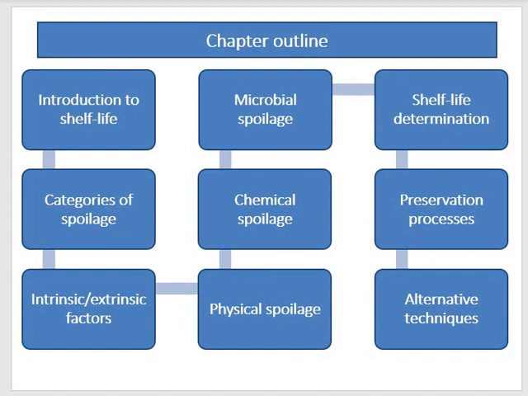And then we also briefly introduce the technologies, or the processes of preservation that we've known over the years that are applied to extend the shelf life of food. But the main focus will be the introduction of alternative processing techniques, since this is one of the areas that we focus on in Food Science and Technology 4, the alternative processing techniques in food science.